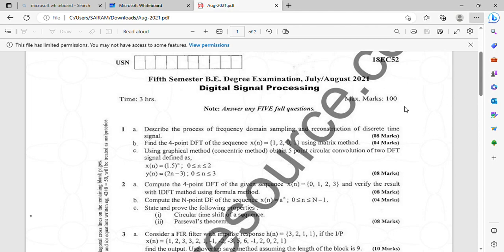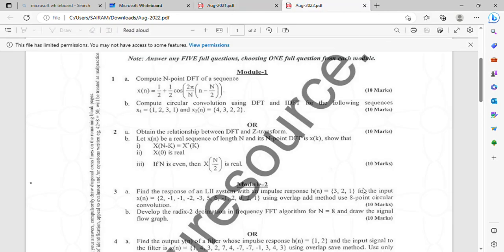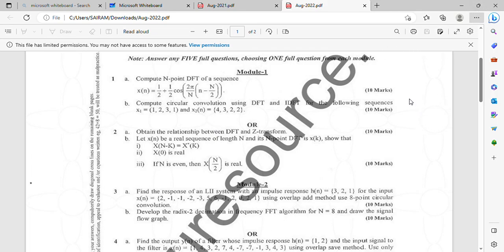Let me come to this. If I take this paper, see, N-point DFT is asked. This is 4-point DFT, right? And if I come to the other question paper, yes, just a minute, and this is over.